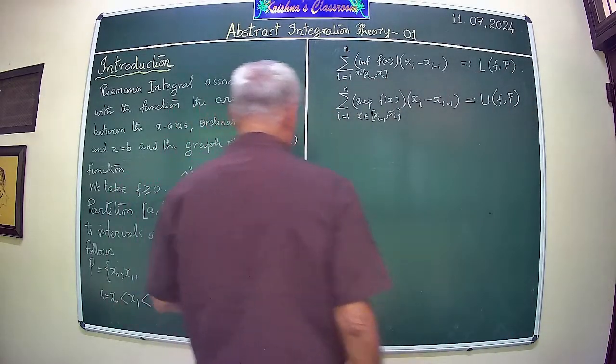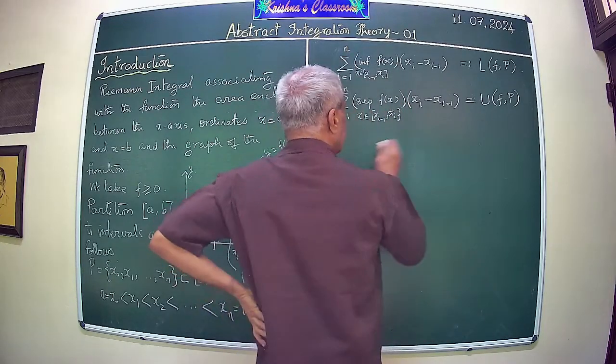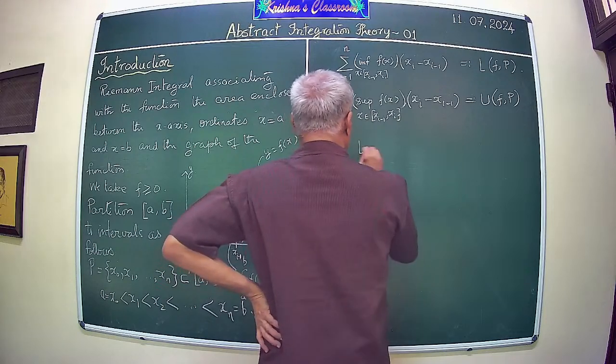Now you observe that the lower sum is less than or equal to the upper sum.